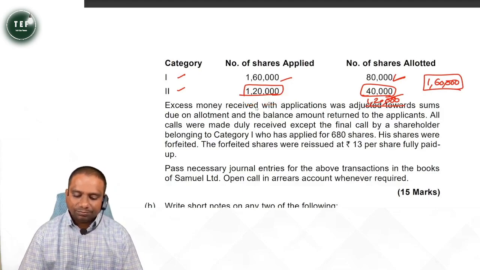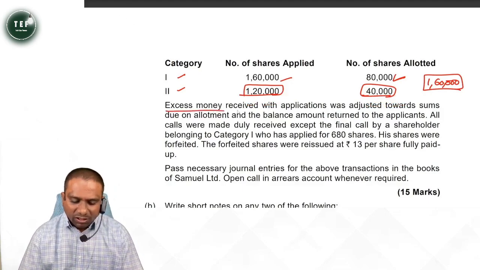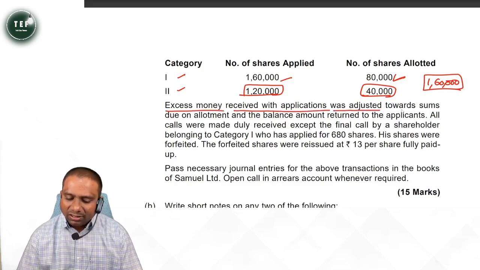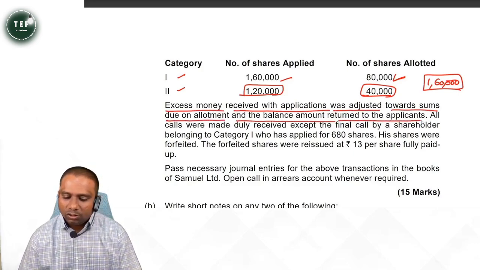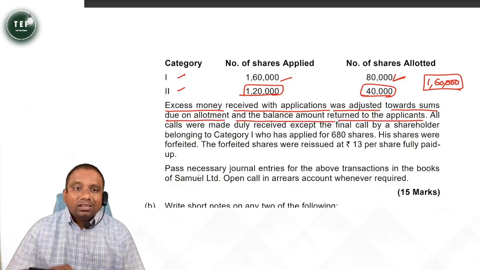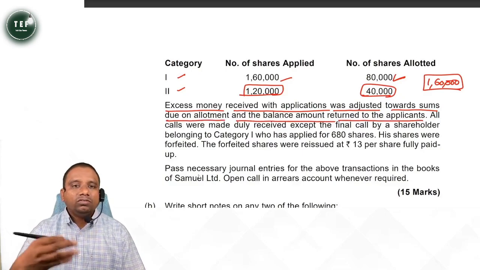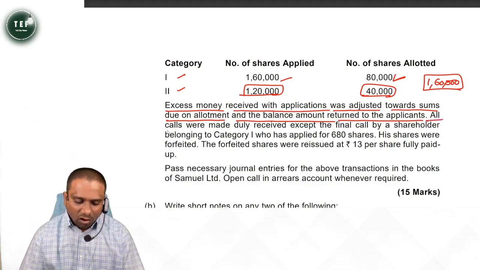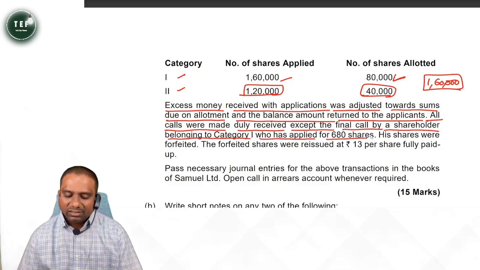Observe carefully. Now what do we do with that excess money? Excess money received with applications was adjusted towards sums due on allotment and the balance amount was returned to the applicants. So after adjusting for allotment, whatever excess amount we have, we refund. Next, all calls were made and duly received except the final call by a shareholder belonging to category 1 who had applied for 680 shares.